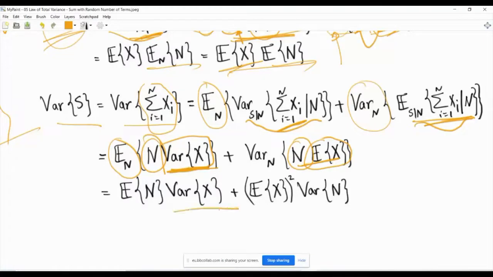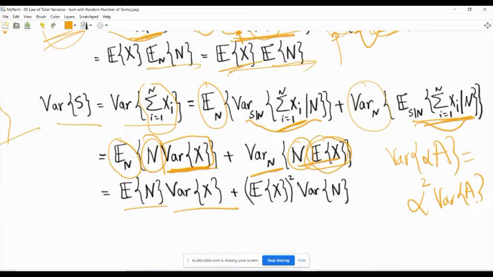You take it outside and you are left with the expectation of N. Here we need to take the variance with respect to N. Remember, the variance of alpha multiplied by a random variable A is alpha squared times the variance of A. So the expected value of X is a constant, but we are computing the variance. This constant will appear outside, squared, because we are computing the variance of a constant times a random variable, and then you have the variance of N.